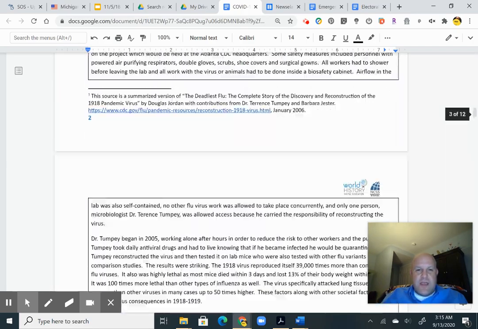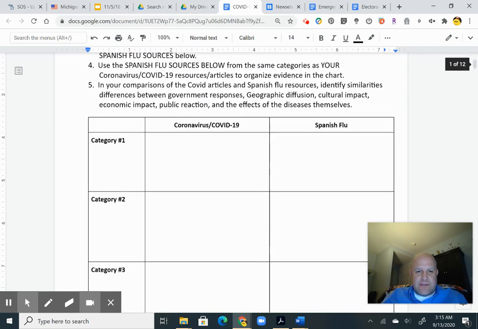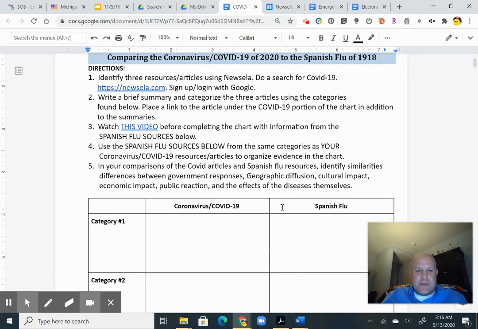And so again, you're going to classify the COVID-19 articles, and then you're going to compare each to its corresponding source on the Spanish flu. In your comparisons of the COVID articles and the Spanish flu, identify similarities and differences between government responses, how it diffused, meaning how it spread geographically, cultural impact, economic impact, public reaction, and the effects of the disease themselves.